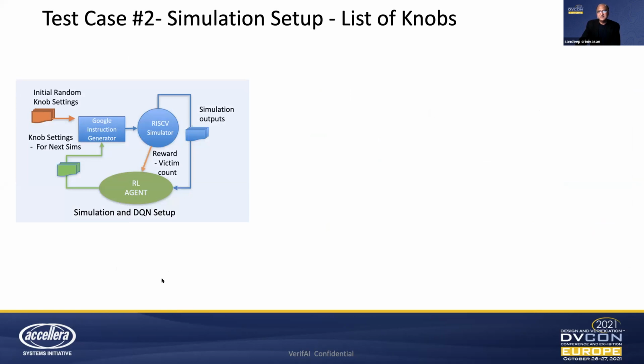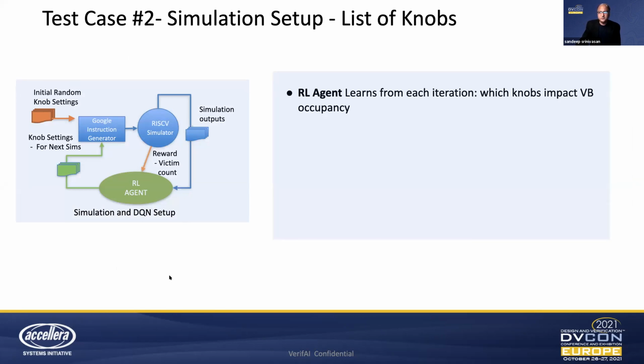So again, the simulation is set up exactly like the previous one, which is the FIFO test case, with the exception that in the FIFO test case, we had the 28 knobs that were set up directly with the test bench. In this particular case, we were using the Google instruction generator, and our RL agent is generating knob settings for the Google instruction generator. The initial knob settings are random.